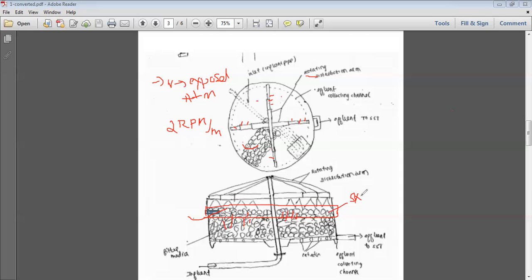There is a scientific word for it, but to remember you can simply think of it as the dirty layer. So what happens here? It will be peeled off. It will come up, and it will peel off.